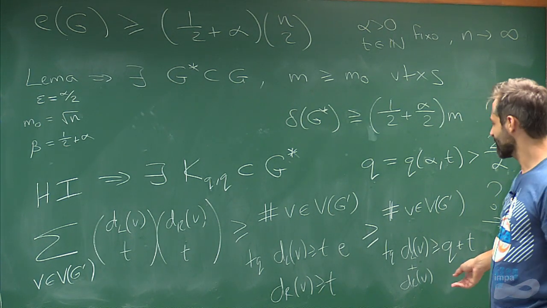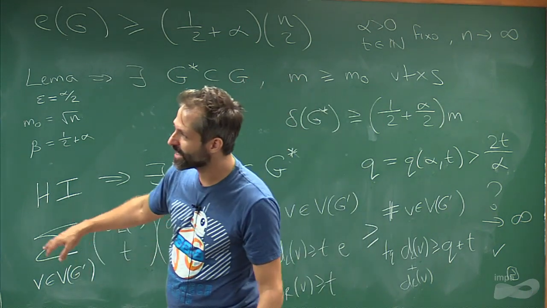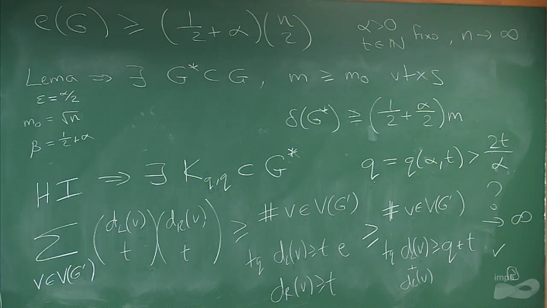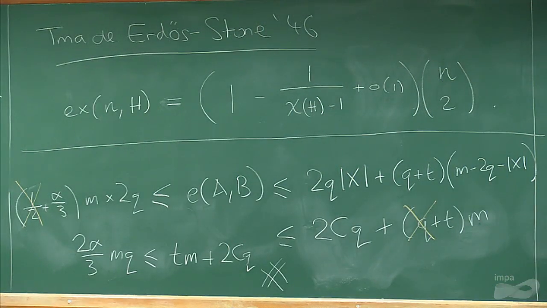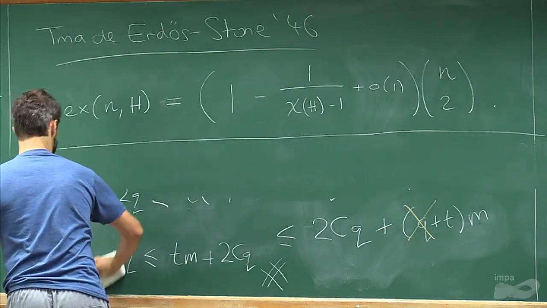So we're done, right? This thing goes to infinity, by a calculation that I guess I erased at some point, perhaps I'll do it again. This calculation shows that this really does go to infinity. And then what was the other part of the argument?